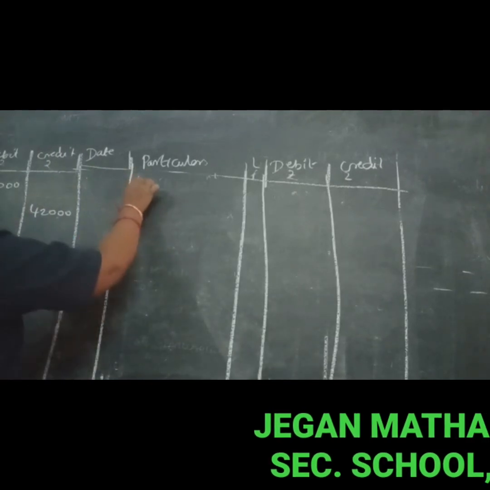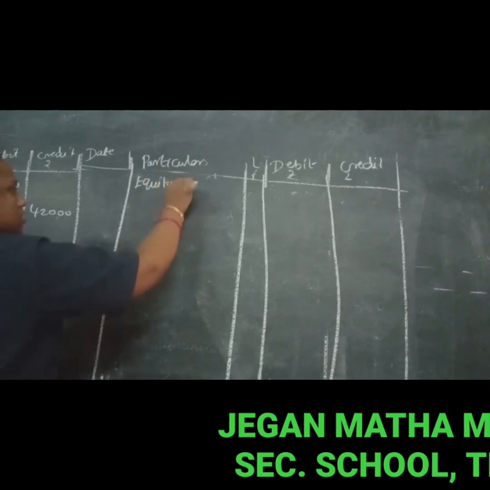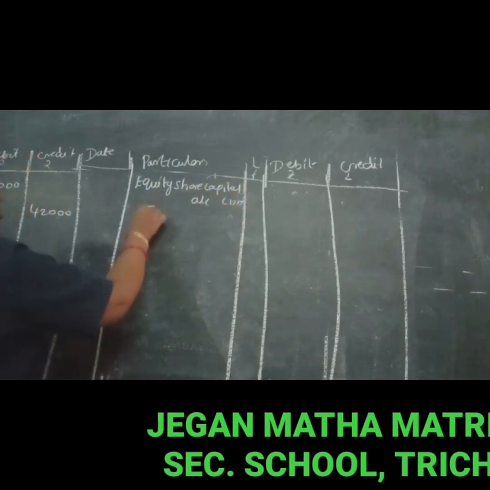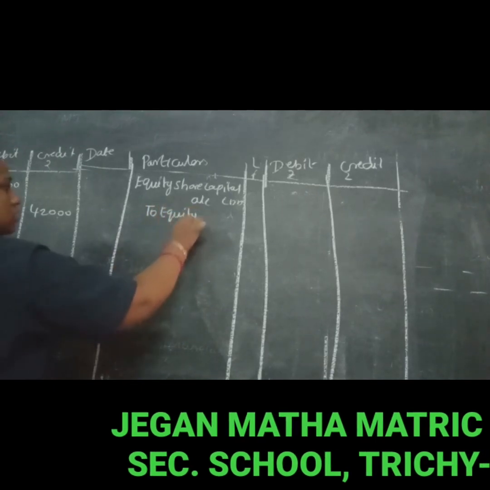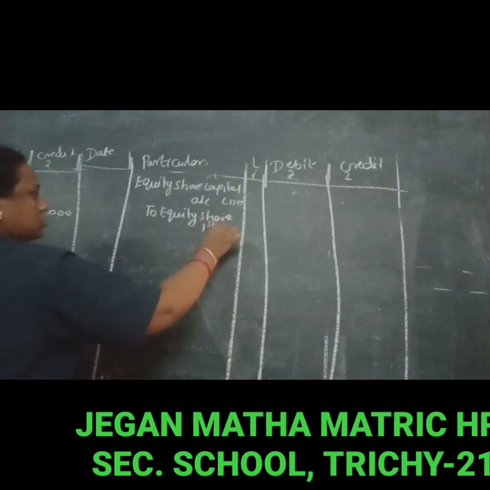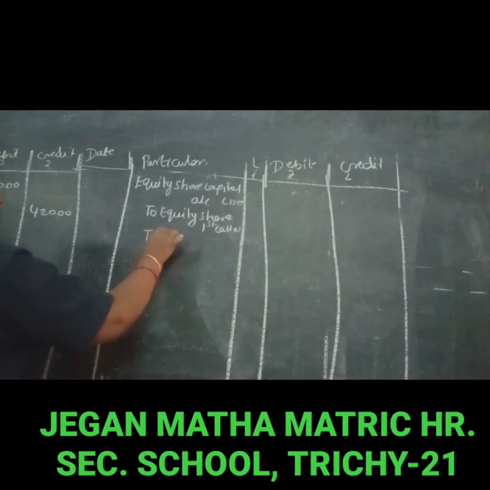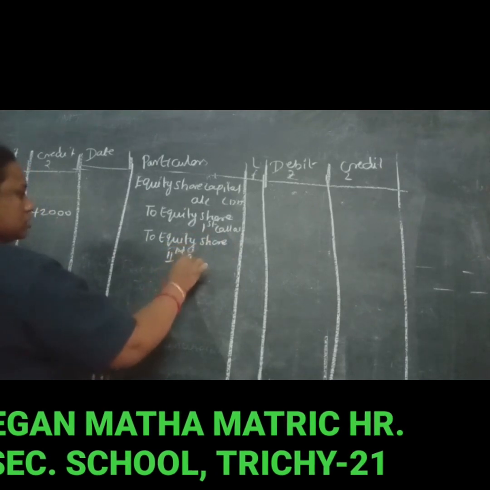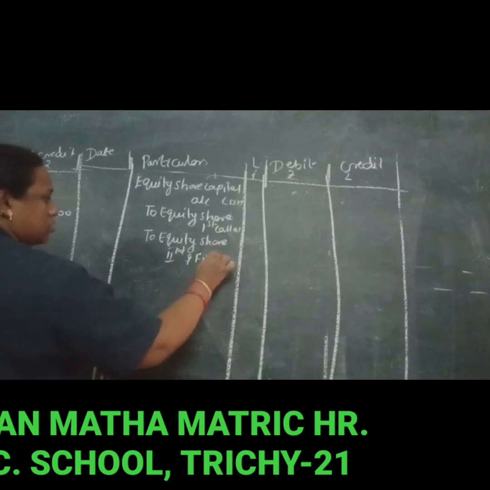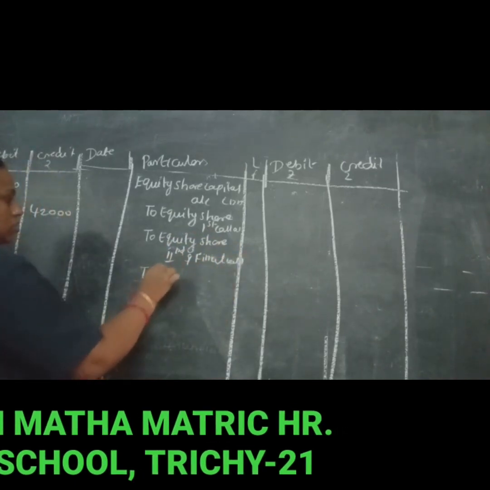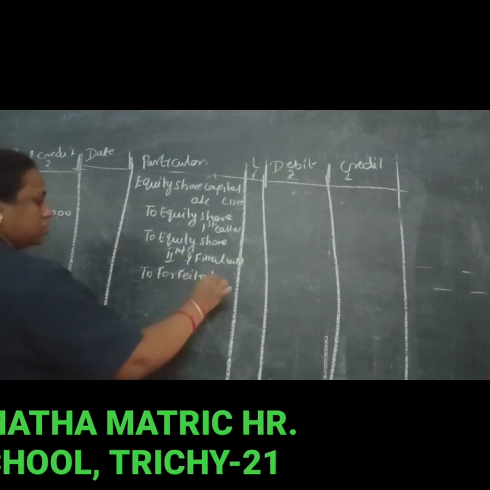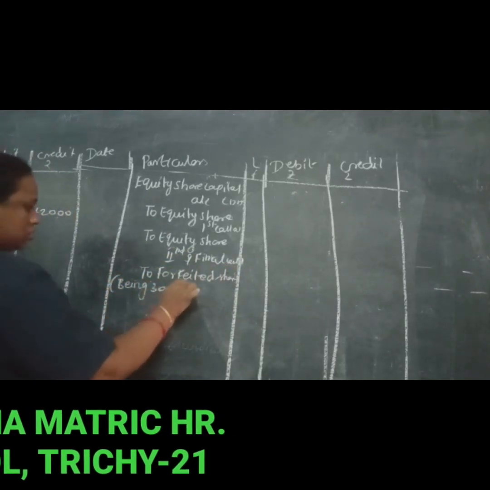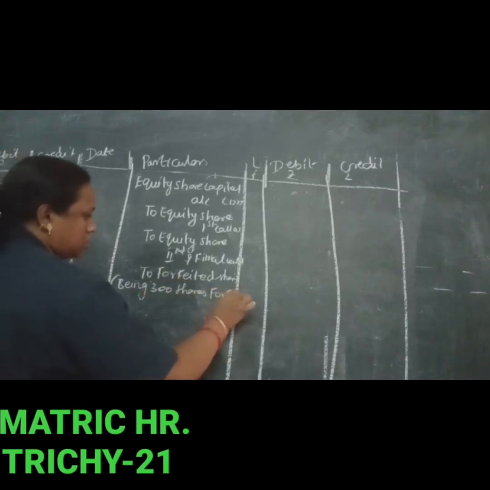Equity share capital account debit to equity share first call account, to equity share second and final call account, to forfeited shares account. Being 300 shares forfeited.